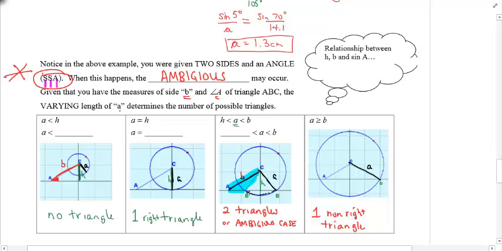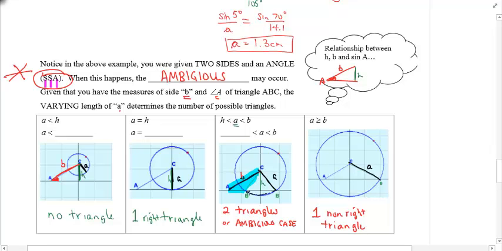Now, I did have a blank here I didn't deal with yet. Sometimes people don't want to always say H, because that's something else, some third variable. So how do H, B, and sine A relate to each other? Well, let me just quickly draw something for you. Here, once again, is angle A. H is the height. B is the side right there.